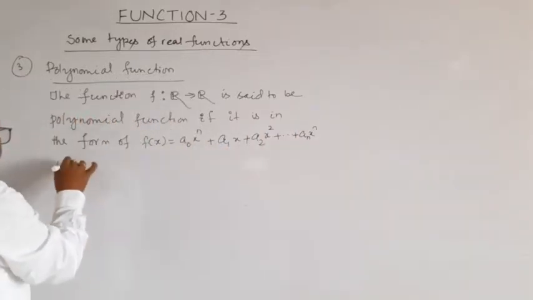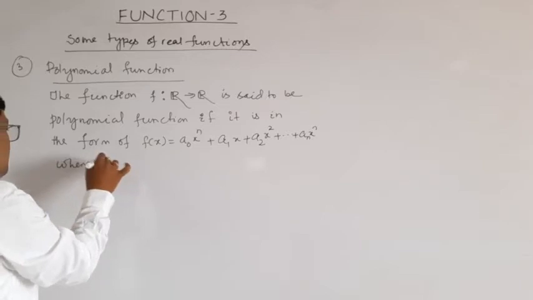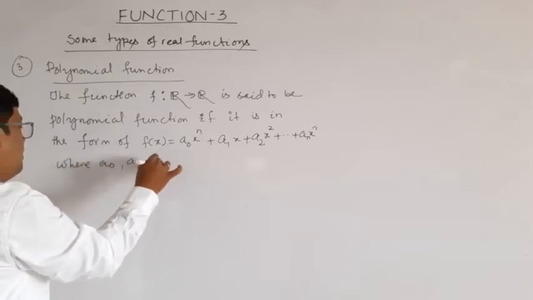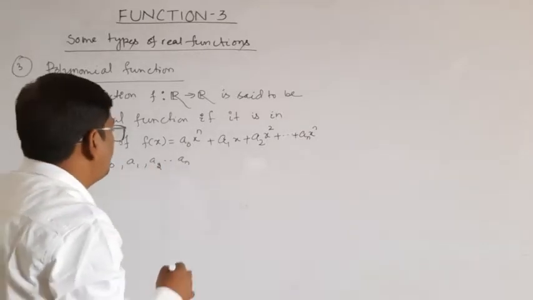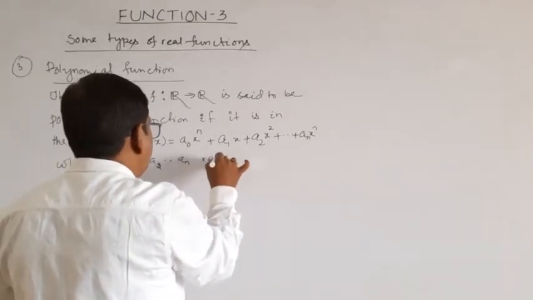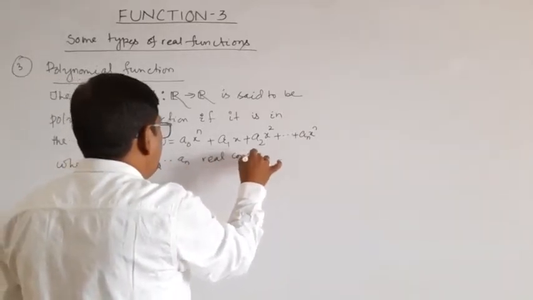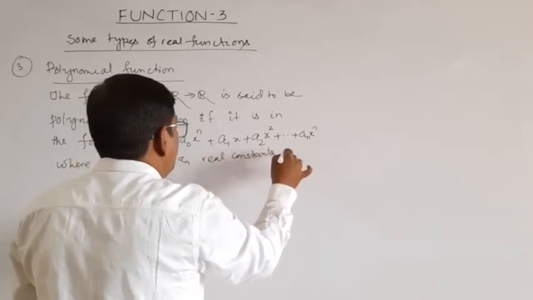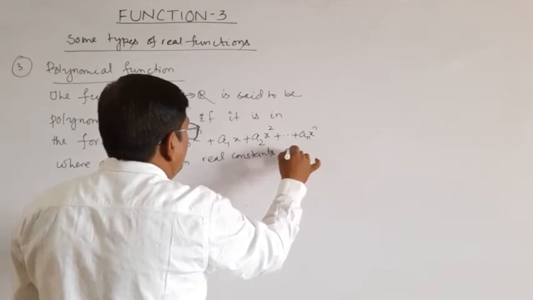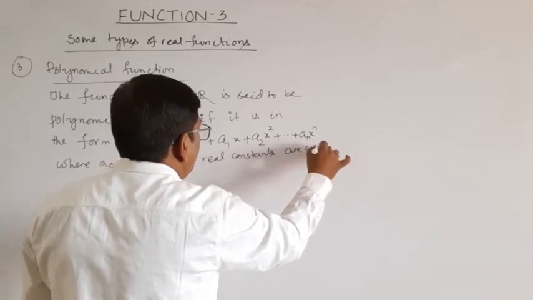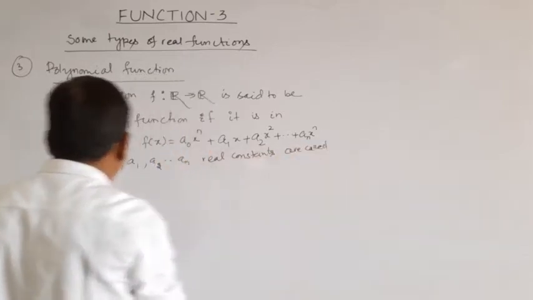where a naught, a1, a2, like this up to an, are real constants and are called the coefficients.